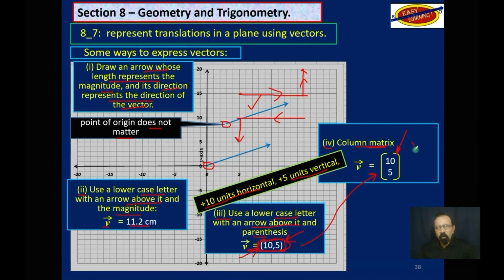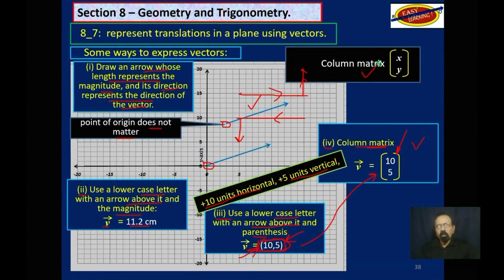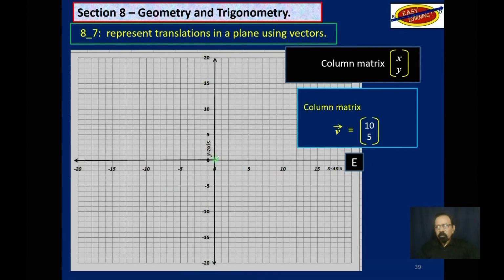So this is the one that CSEC wants us to use, which we will learn about in this video. So you already know that if this is a number line, this direction is positive, that direction is negative. And if this vertical line here is a number line, that one there is positive and this side is negative.